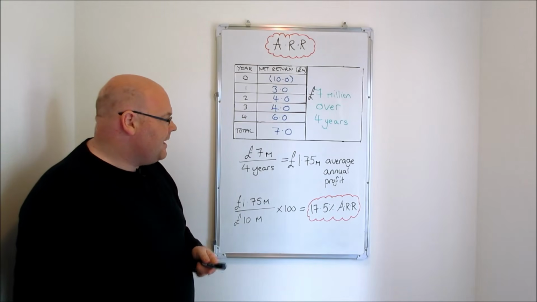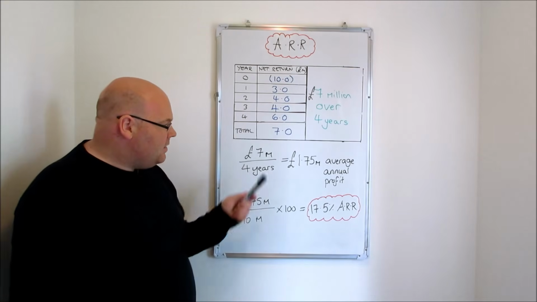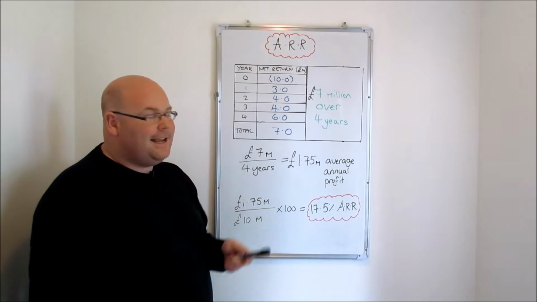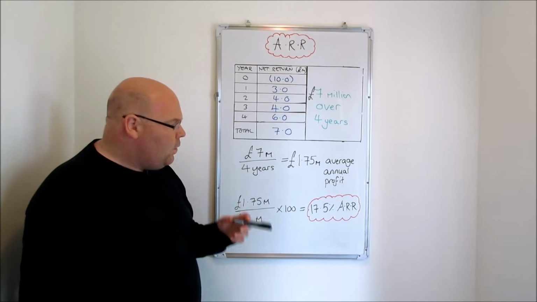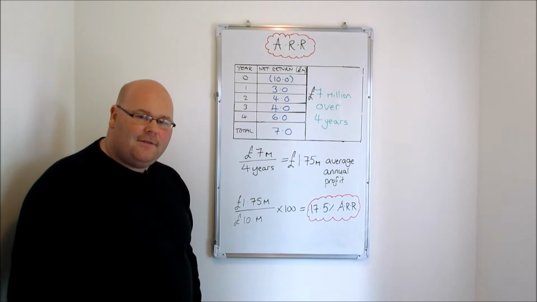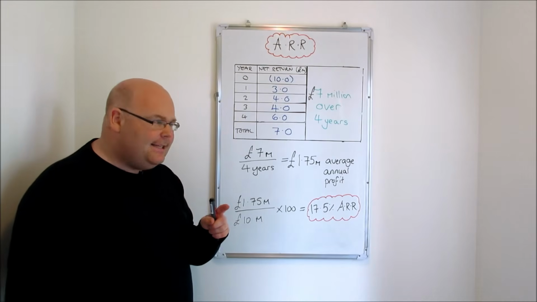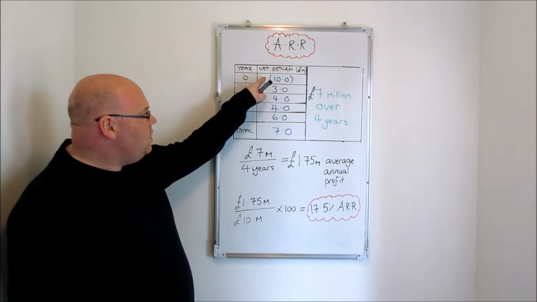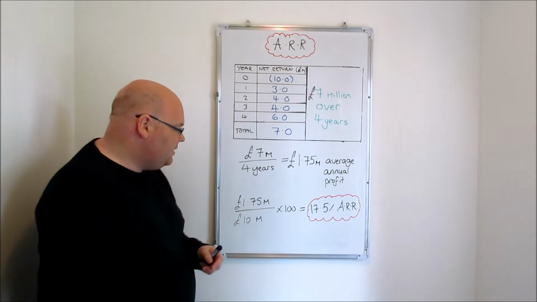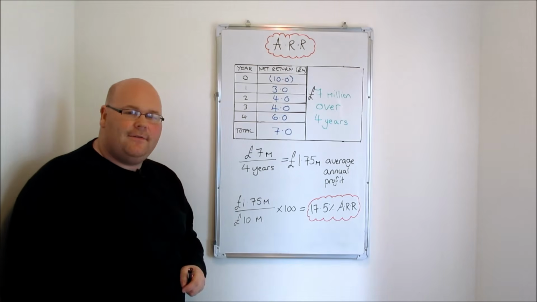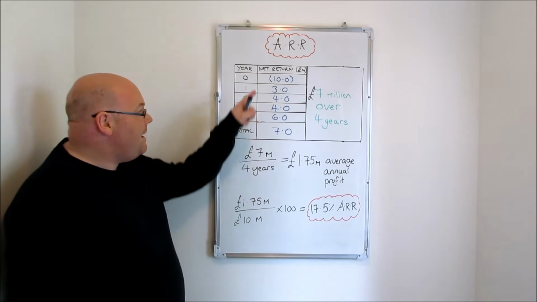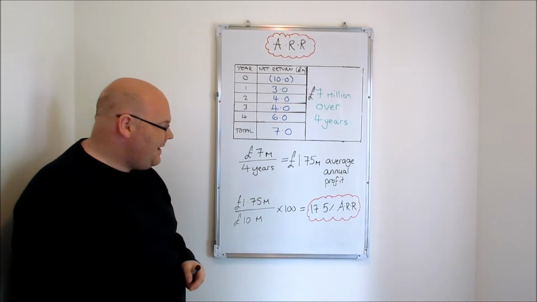Now we're going to go a stage further than that, because although we can say that if we invest in this project, it's going to on average make us £1.75 million a year, we want to turn that into a percentage. What is that £1.75 million as a percentage of the initial cost of investing in this project? And to do that, it's a very simple sum again. We'll take our 1.75 million average annual profit and divide it by the £10 million cost of this investment.